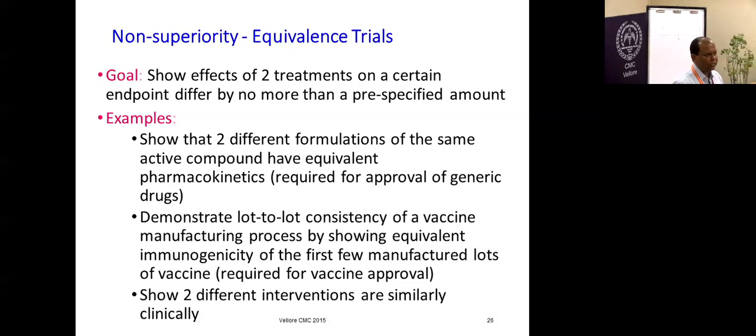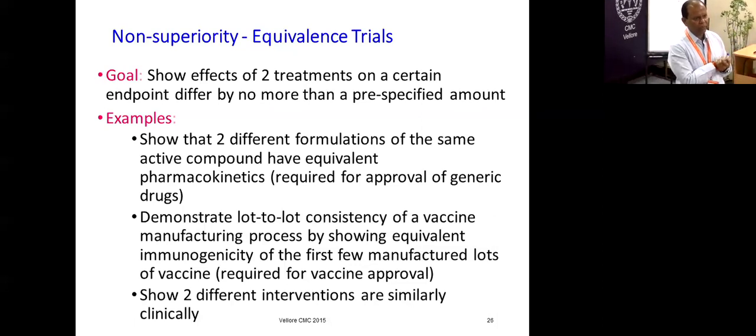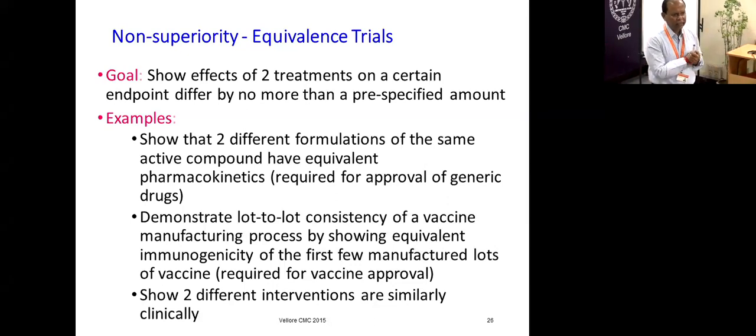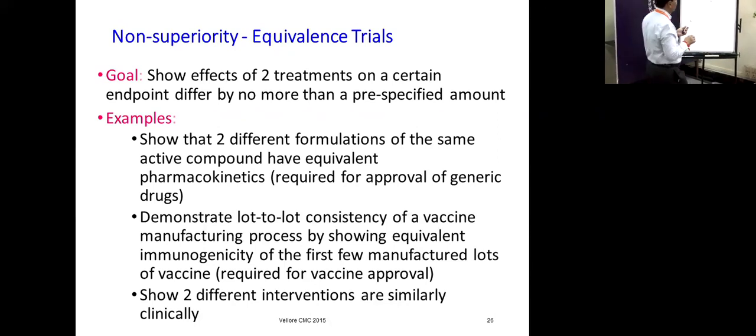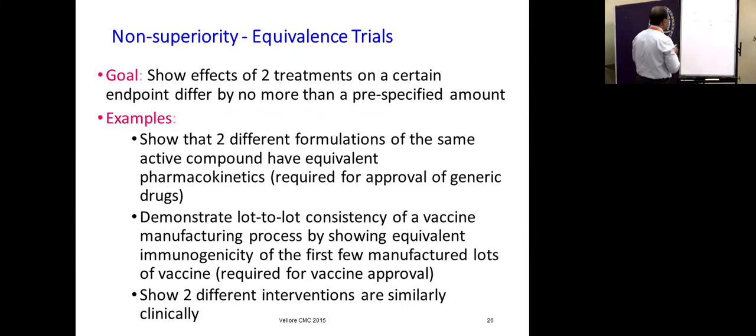The margin always has to be very narrow. This is undependable, not really impressive confidence. It has to be very narrow. If you say either this end or that end, it doesn't make any sense. It's very important. Therefore, you need to fix this margin, the equivalence margin.